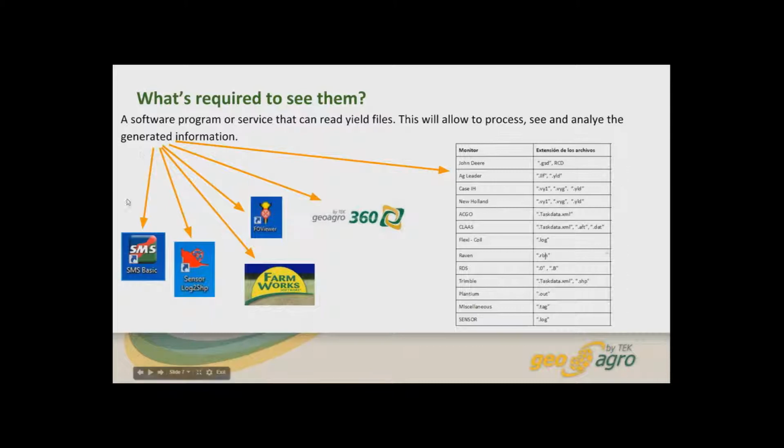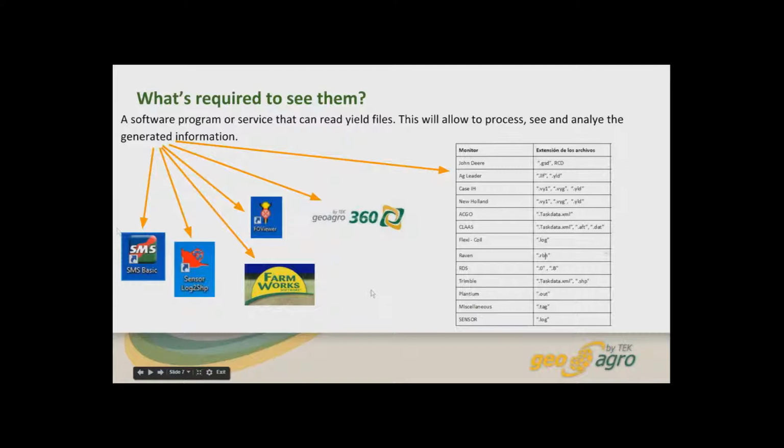So we have different software. Usually these are software that work on the desktop: SMS, FarmWorks, SST, and GeoAgro Farm 360 is also part of this family, with the difference, and we'll see it in the next slides or screens, that it's more a service than software. It means that you will upload the yield data and the data will be automatically cleaned, processed, visualized, and analyzed.